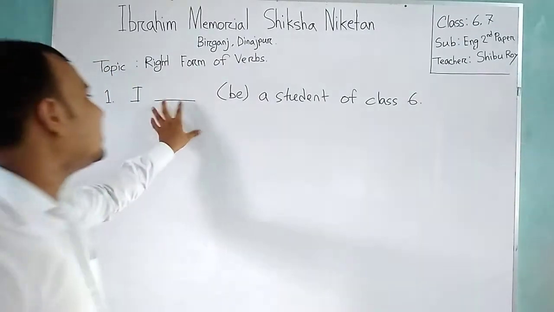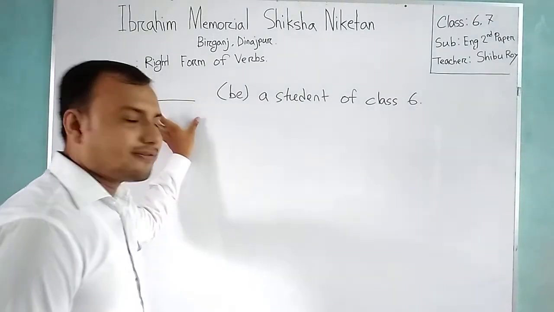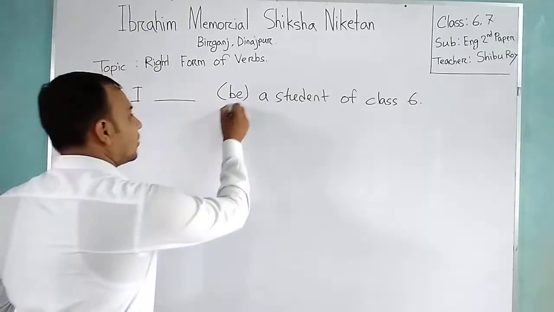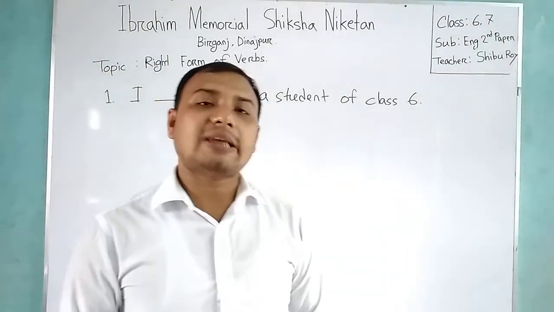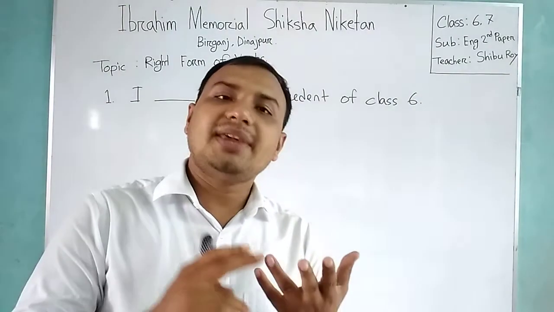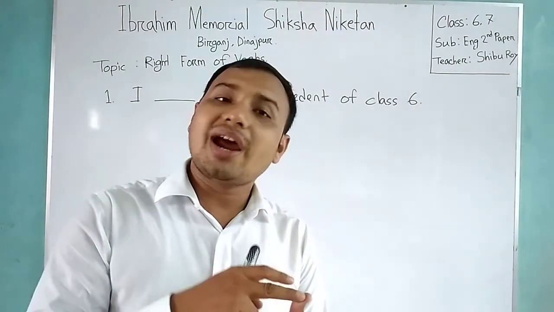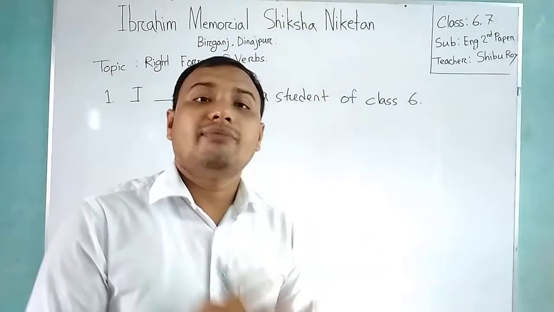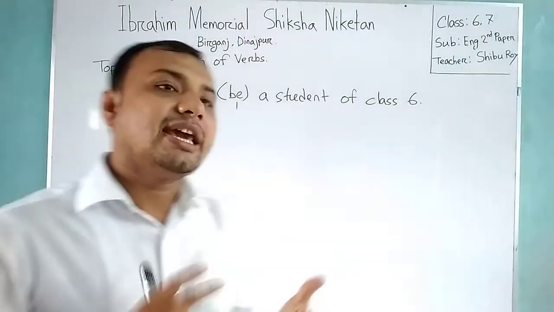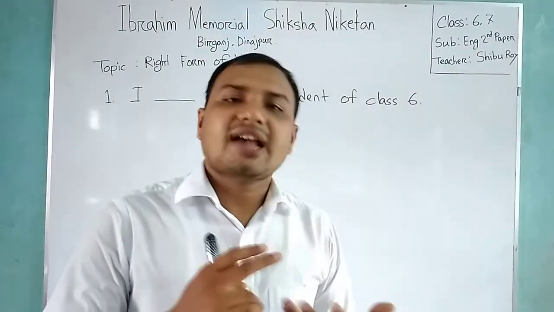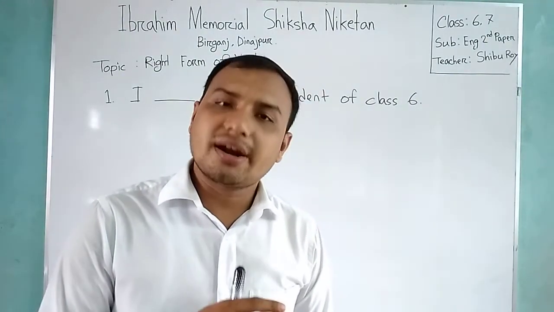So we need to fill this gap with a verb. As I have written earlier, the verbs are am, is, are, was, were. So we have to fill the gap with am, is, are, was, were.